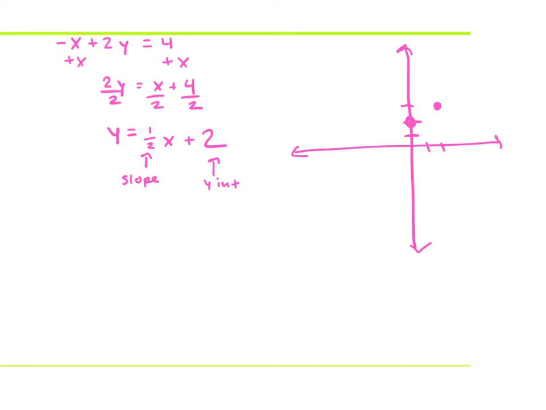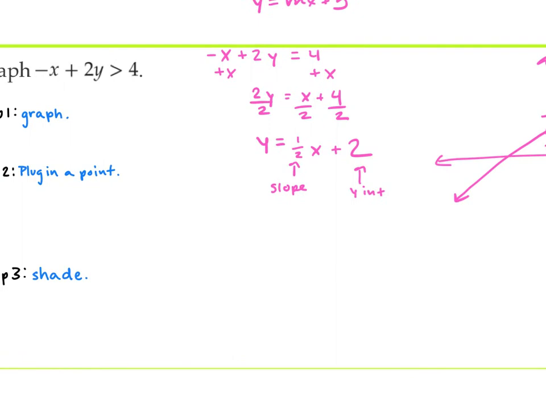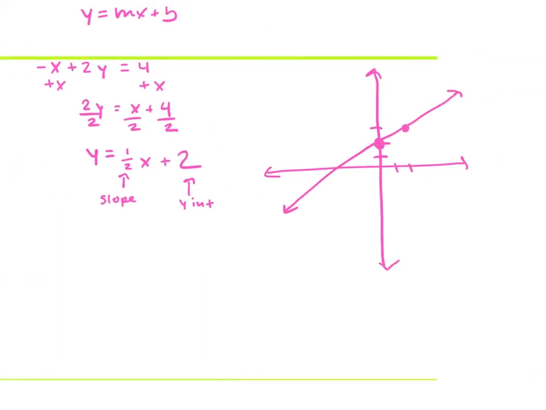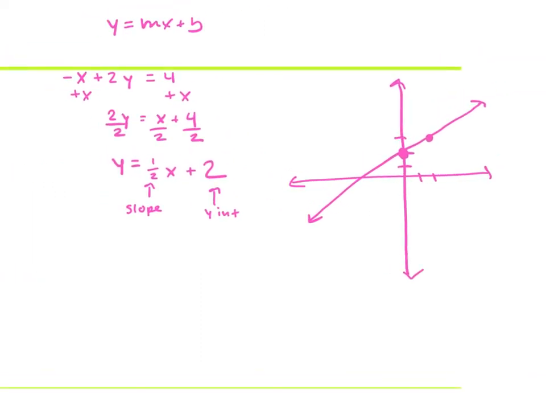We can keep going up 1 to the right 2, keep putting points, but once we have 2 points, we know our graph is just going to go through those 2 points. Looking at our inequality, is this a solid line or a dotted line? It's a dashed line. So since it doesn't have that equal to sign on the bottom, it has to be a dashed line.